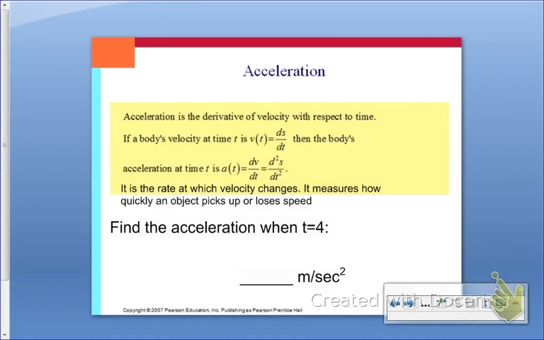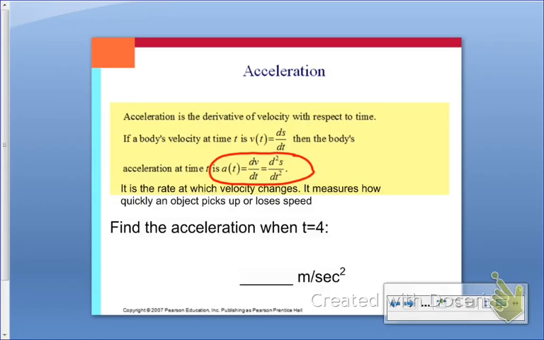So a of t is equal to dv/dt, derivative of velocity, or the second derivative of the position, d squared s over dt squared. Notice on here again we have the two notations, and a of t is primarily going to be used for acceleration. So we have s or x of t for position, v of t is instantaneous velocity, and a of t stands for acceleration.